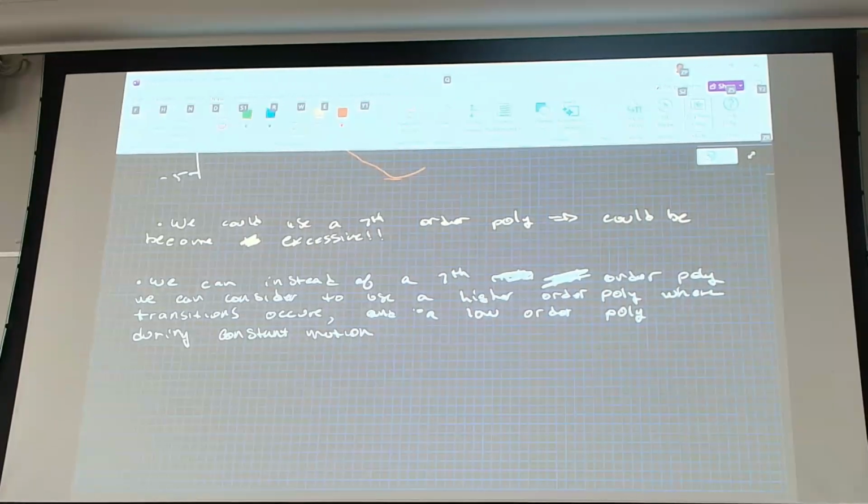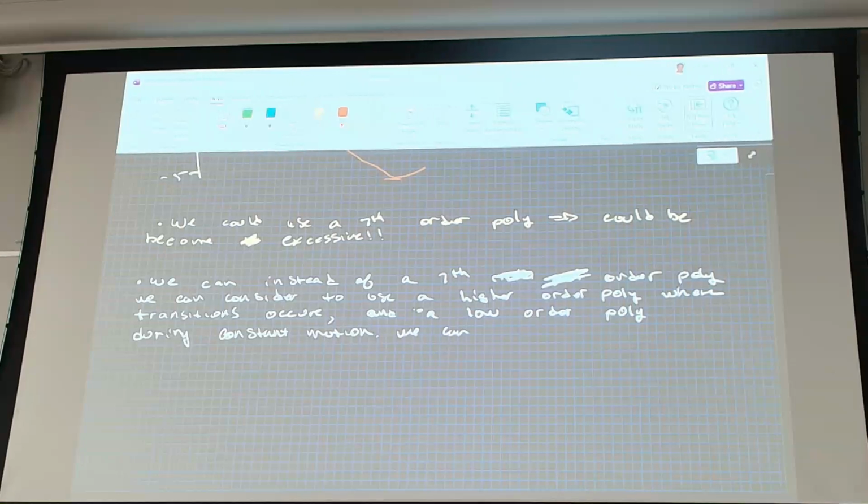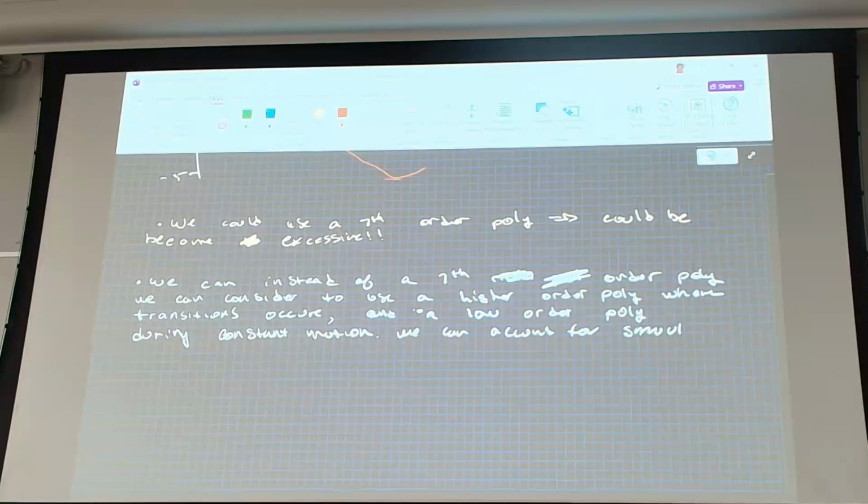So we can account for the discontinuities, or we can account for smooth motion at discontinuity.